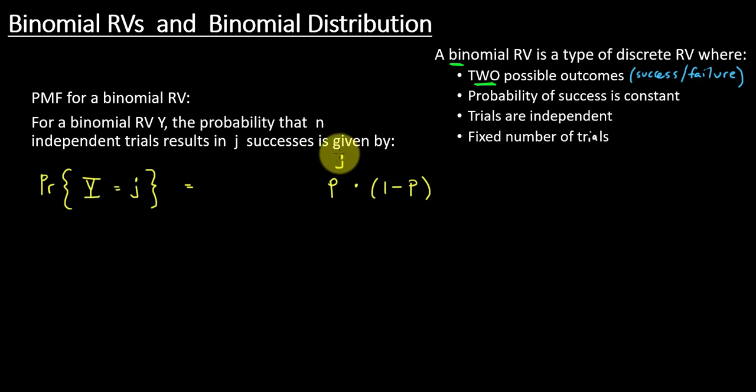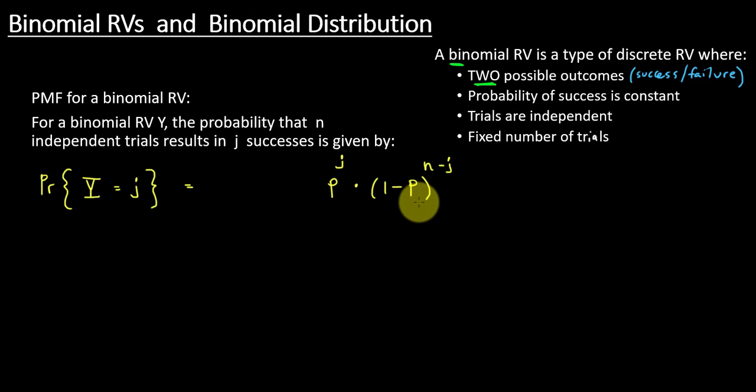If you're going to succeed J times, then the remainder number of times, n minus J, you would not succeed or fail.